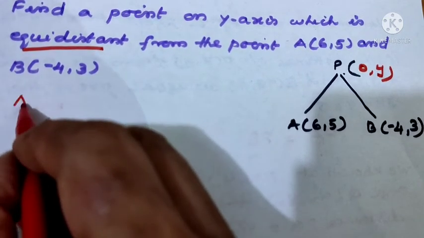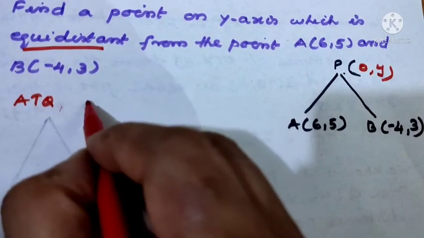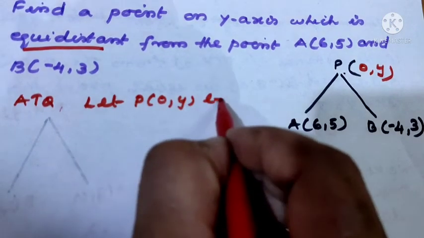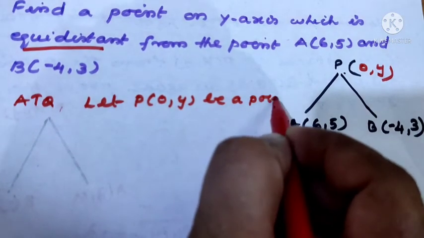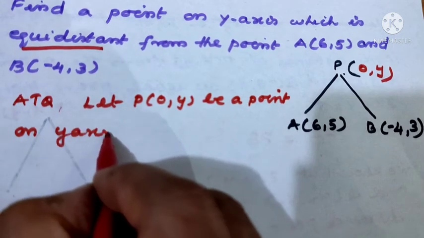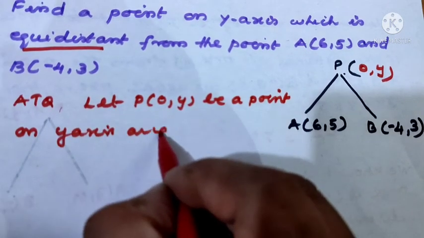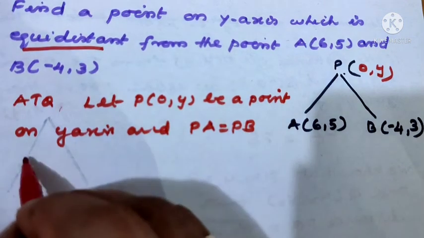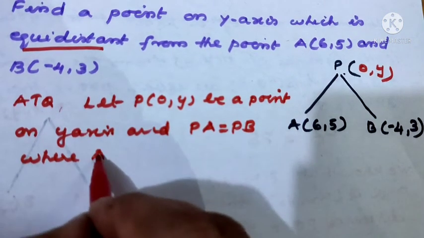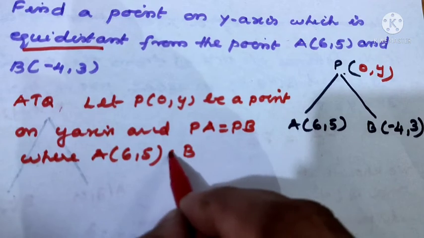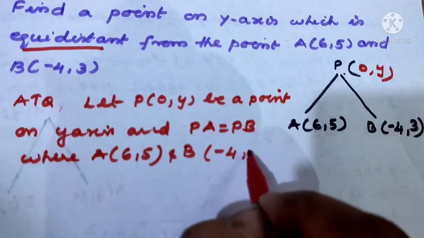So according to the question, let P(0, y) be a point on the y-axis and PA equal to PB, where A equals (6, 5) and B equals (minus 4, 3).